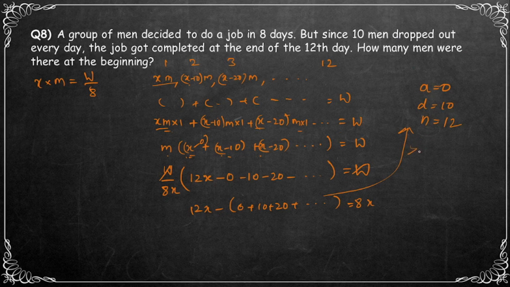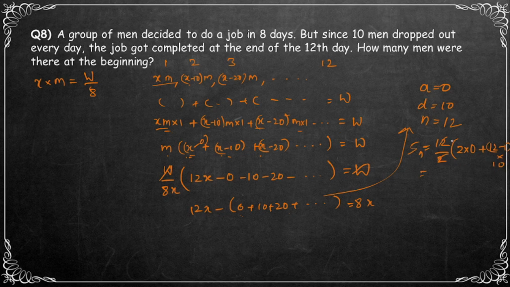Now sum of n terms is given as, this is the sum of first term, second term, third term. So it is n by 2 into 2a, 2 into 0 plus n minus 1, 12 minus 1, into d. So d is 10.